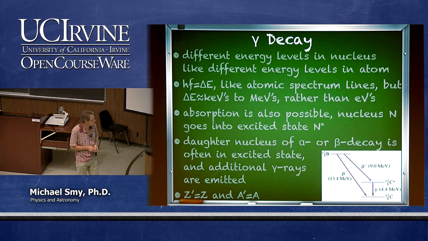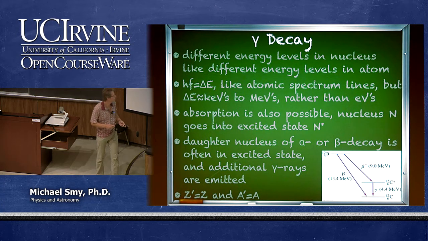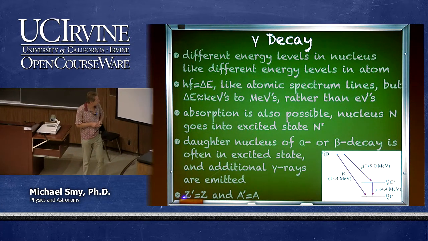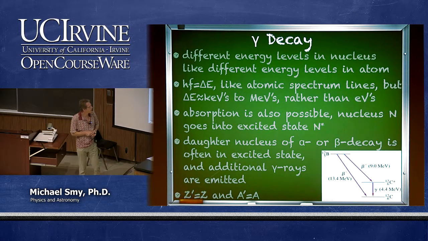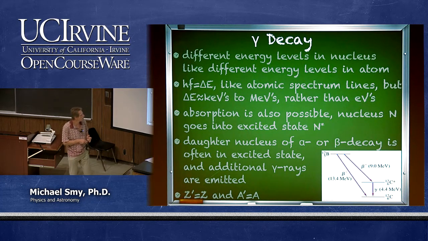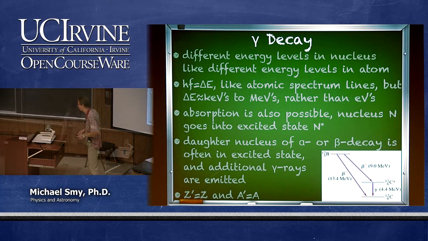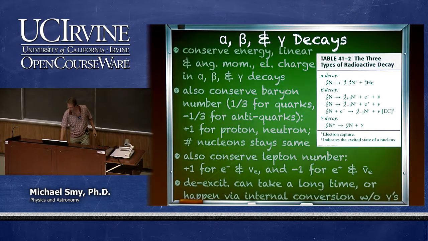And if it goes to this excited state, then the resulting Q value for the beta process is smaller. And then in exchange, you get an additional gamma emission of 4.4 MeV. Gamma rays often accompany other nuclear processes. Of course, for the pure gamma decay itself, the nuclear charge doesn't change, nor does the nuclear mass number, because the number of nucleons remains the same.